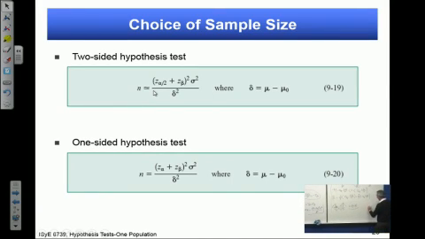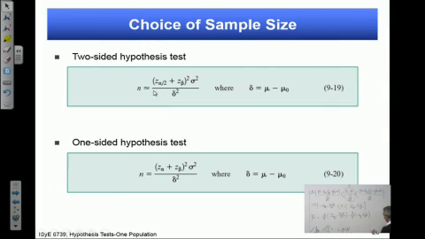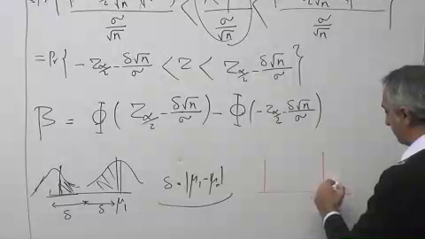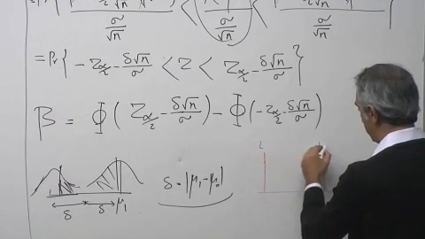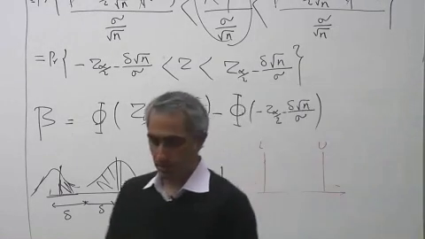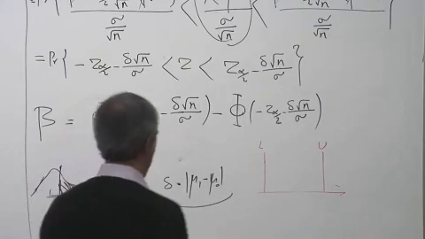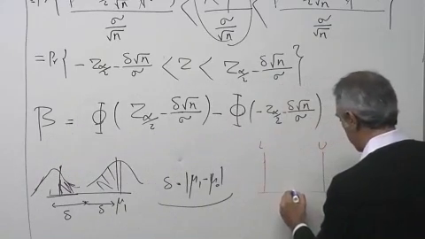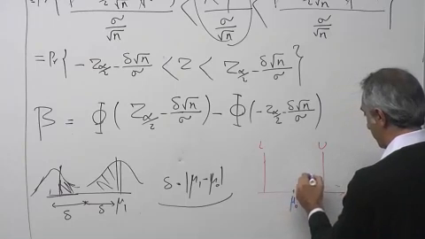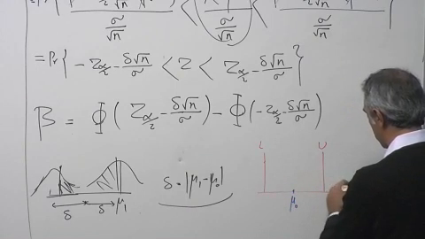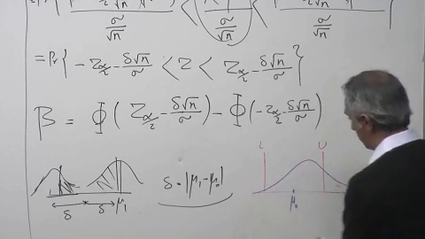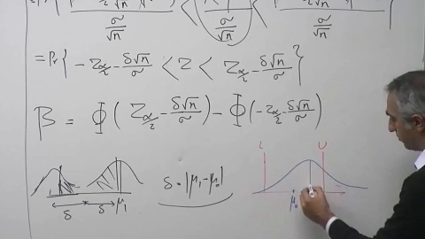Here is why we have an approximation. Let's say you have a shift. This is L and U. When you have a change in the mean, this is mu0, but your mu1 is somewhere here. So this is your mu1.